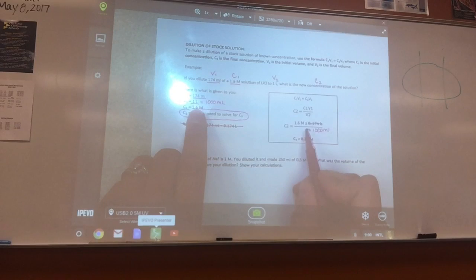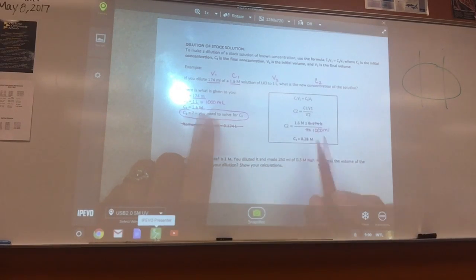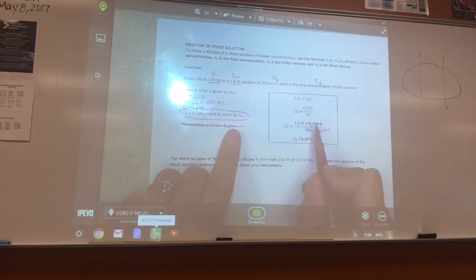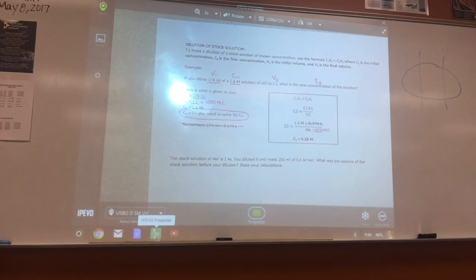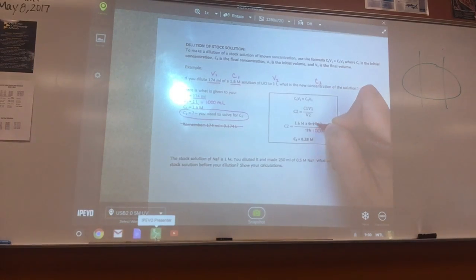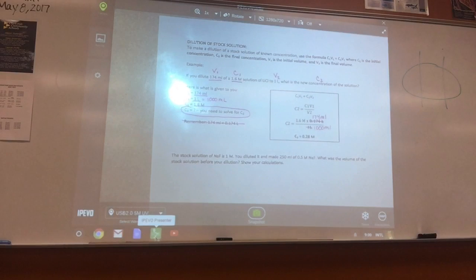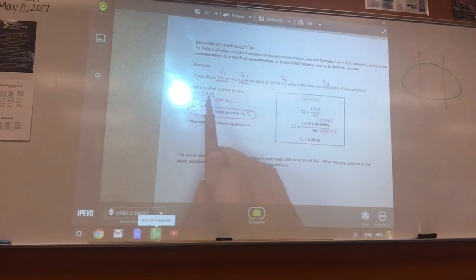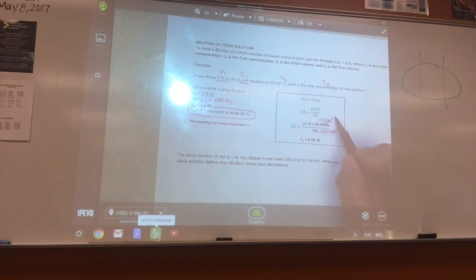Leave that, don't cross that off on yours. Then you multiply this all out. Oh, they changed it. You should cross that out. I forgot, we need to change that to milliliters here. We're keeping it milliliters, milliliters and milliliters here. So then our units of milliliters cross out, and we're left with molar.